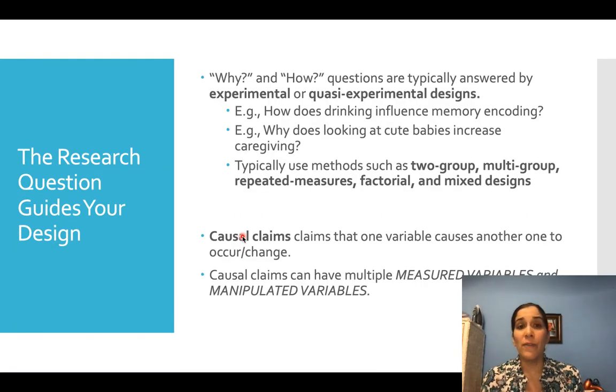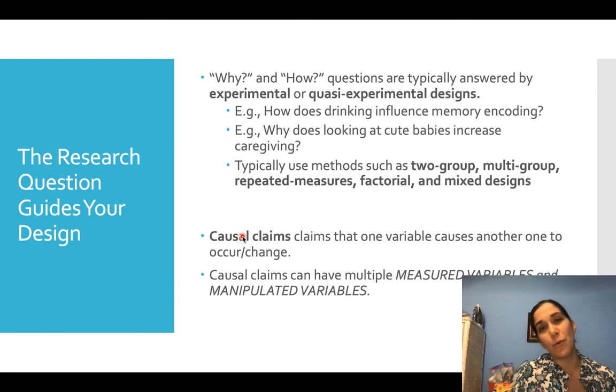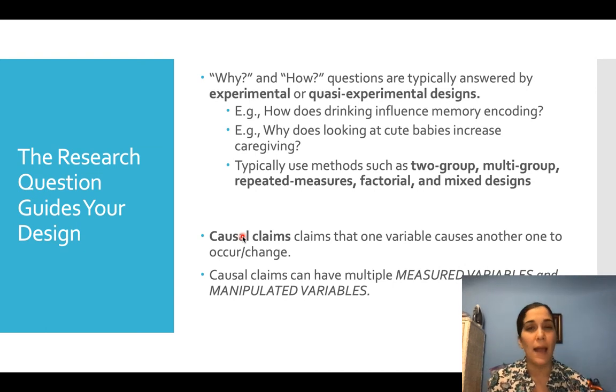Now, if you have research questions that are why questions or how questions, these are typically answered by experimental or quasi-experimental designs. Experimental means that you can manipulate all of your independent variables. Quasi-experimental, as we'll discuss later, means that you have one independent variable that you cannot manipulate, such as gender or age, right?